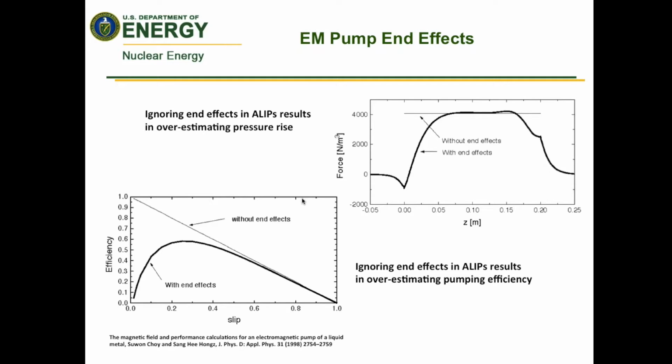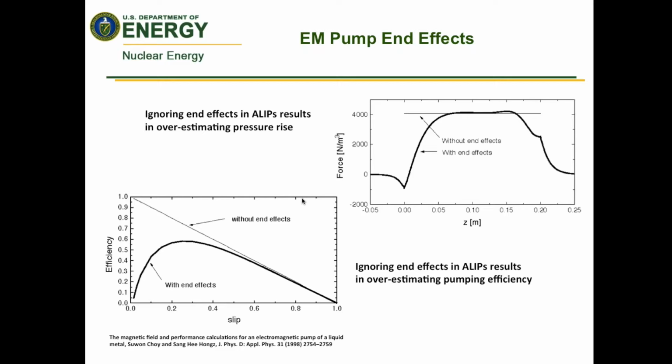Some of the impact of ignoring these results, or not adequately looking at them: the top right graph there shows if you totally ignore it, you can get a force calculation as a straight line, but these end effects, how the magnetic field influences the force developed in the fluid at either end, would actually be quite a bit different at the ends.